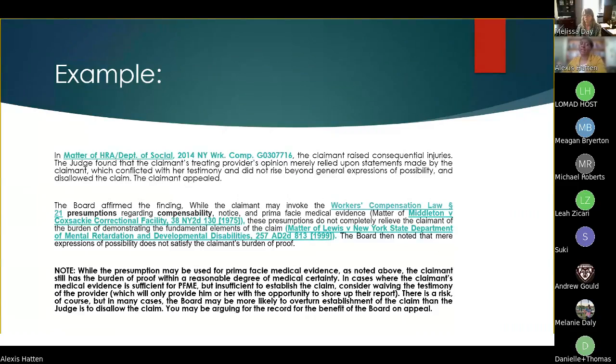But in many cases, the board is more likely to overturn establishment of the claim than the judge is to disallow the claim. You may be arguing for the record for the benefit of the board on appeal. But if the report is sufficient for PFME but not sufficient to establish the claim, you should consider waiving the provider's testimony and waiving an IME.